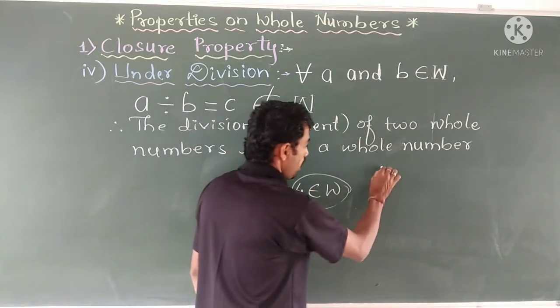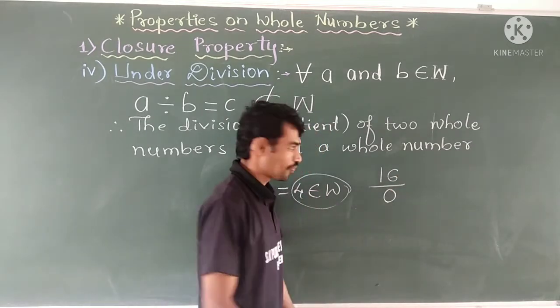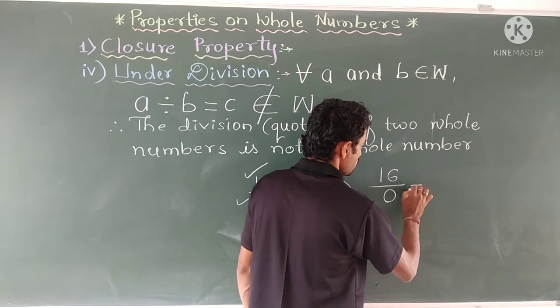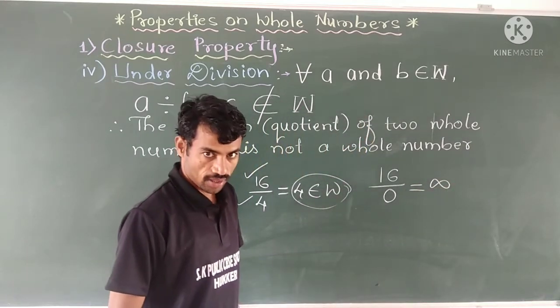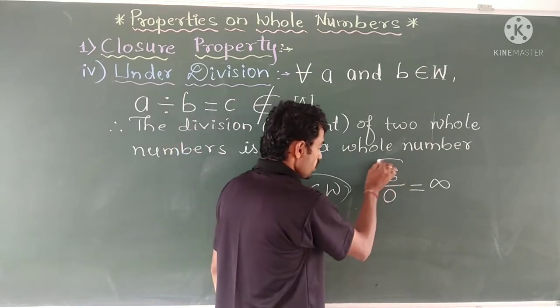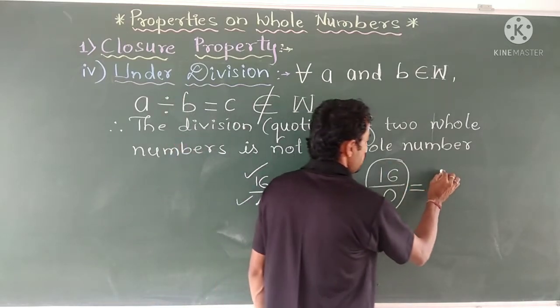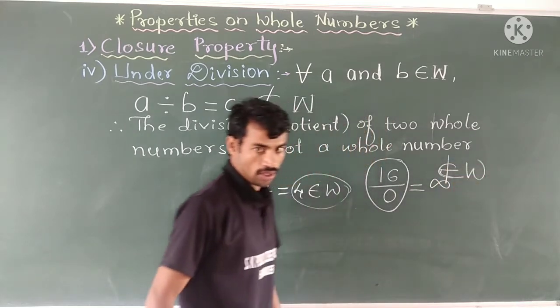But some numbers you can take, like 16 divided by 0. Its value is infinity, not defined, meaningless. Clear? So this type of number we cannot find in the set of whole numbers.